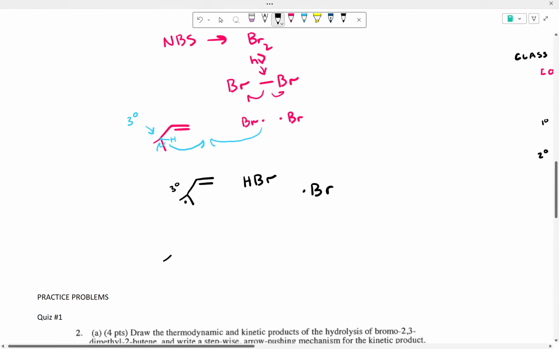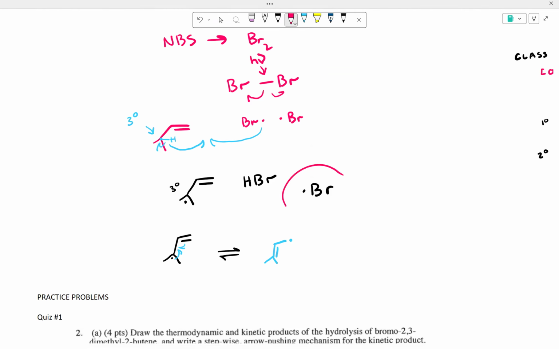So while this exists, what can happen is the electron can move here and another electron can move here. And this forms this new radical, which is just a resonance form of this.